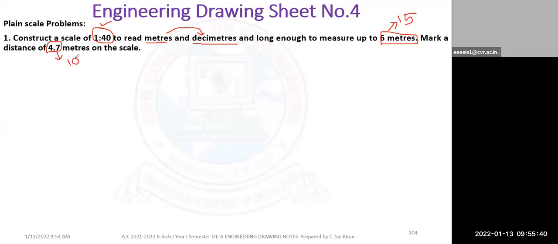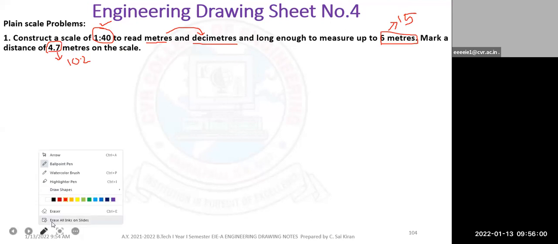You can measure only less than the maximum distance; you can't measure more than 15 centimeters on your small scale. Similarly, here you construct a scale such that the maximum length is 6 meters, and you measure up to 4.7, which is less than 6 meters.